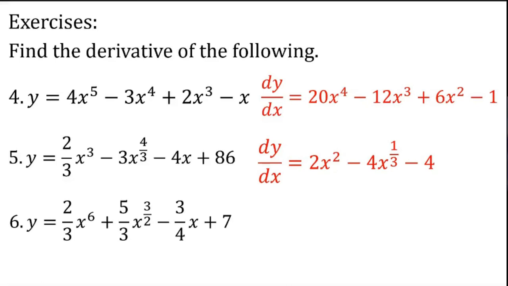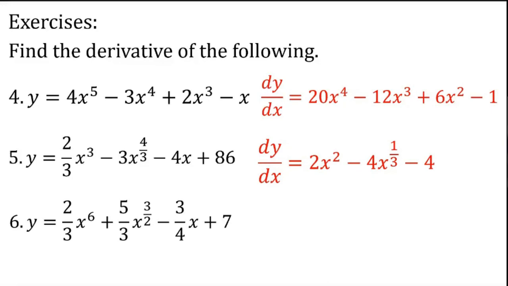So next, number 6. Very good, Jana. Number 6, anyone? Sir, Aliana. y prime equals 4x raised to 5 plus 5 over 2 times square root of x minus 3/4 po.